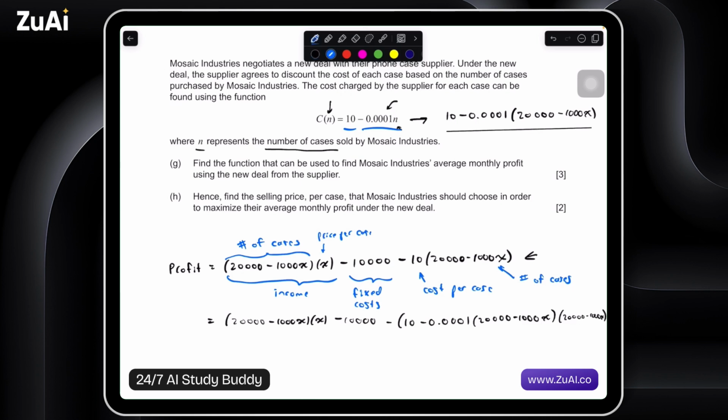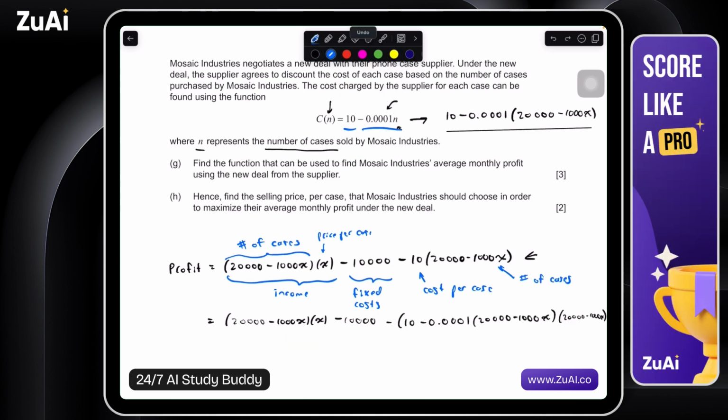Wow. Here is the income. This is number of cases, price per case, fixed costs, minus right here the cost per case. And it's $10 minus a fraction of a cent for every single case that they sell. And this is times the number of cases.